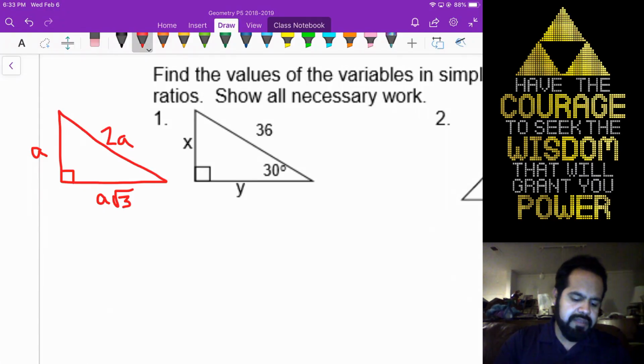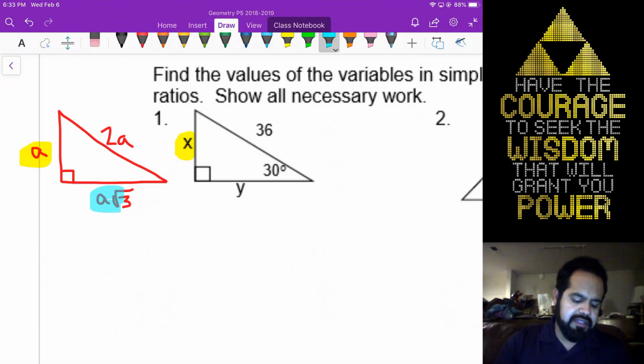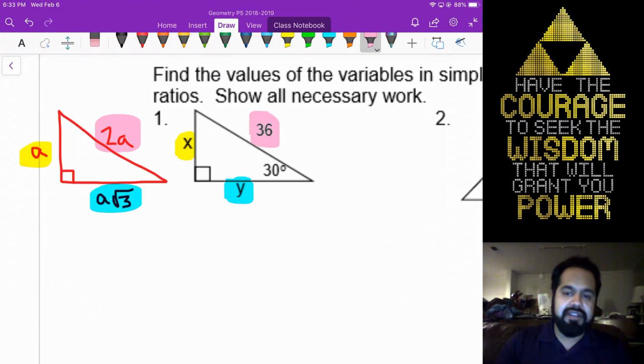So the part that matches up, this is smaller than this one. So what I'm going to do is match the small to the small, the long leg to the long leg, the hypotenuse to the hypotenuse.